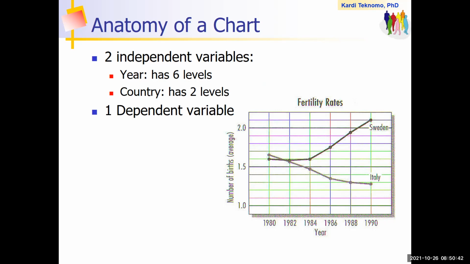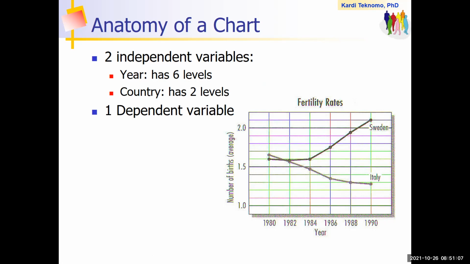It has 6 levels. 1980, 1982 until 1990, every 2 years. And then we have countries. It has 2 levels with 2 values, Sweden and Italy. And then we have the dependent variable, which is the number of births.